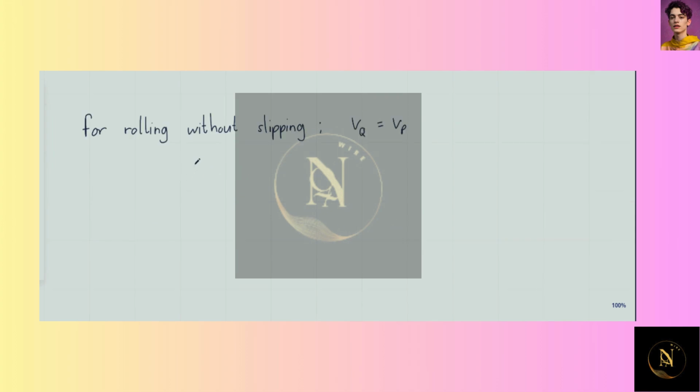And so what that means is that Ra omega A is equal to Rd omega d minus Vd. So Ra omega A plus Vd must equal Rd omega d. We'll call this equation 1.